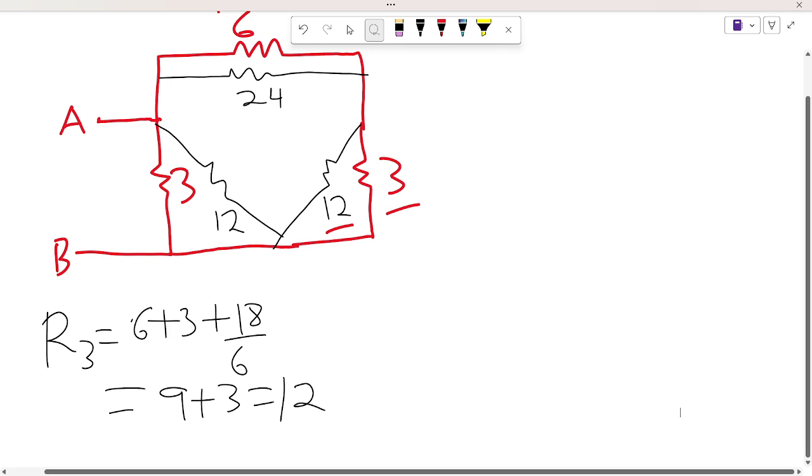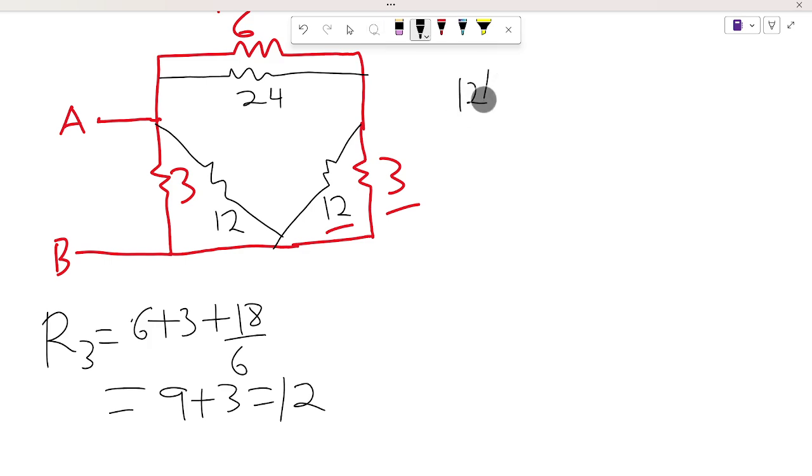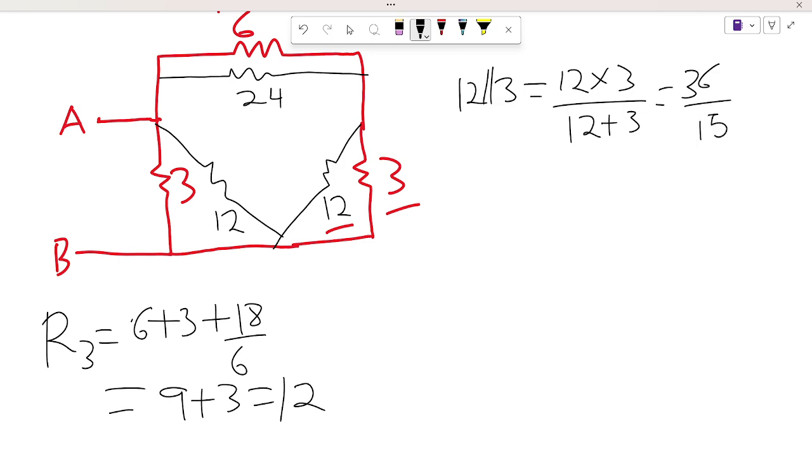So 12 in parallel with the 3, we are going to have 12 times 3 all over 12 plus 3. We are going to have 36 over 15.